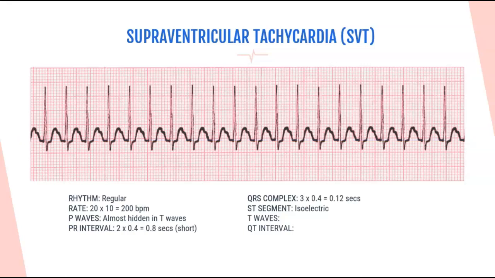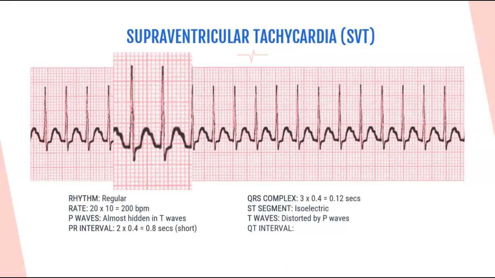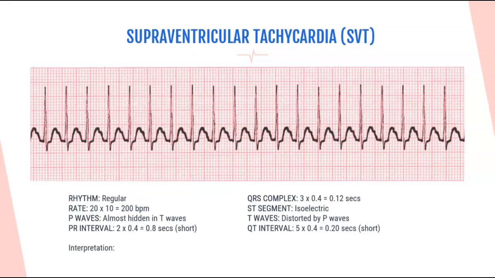Our T waves are distorted by P waves, and our QT interval is about 5 small squares. If you multiply that by 0.04, that gives you 0.20 seconds, which is considered a shortened QT interval. Our interpretation for this strip is supraventricular tachycardia, or SVT.